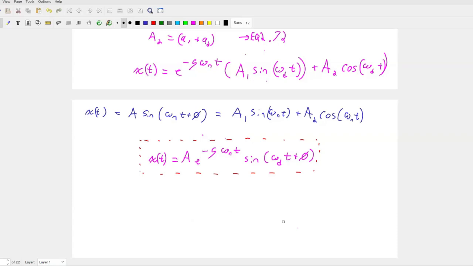That's a very important one to write down. So that is a solution in parameters that we can easily get of our equation of motion, right?